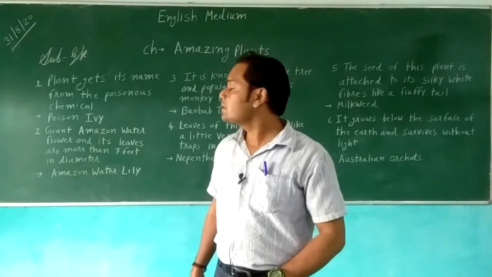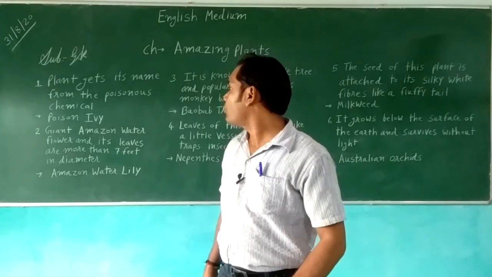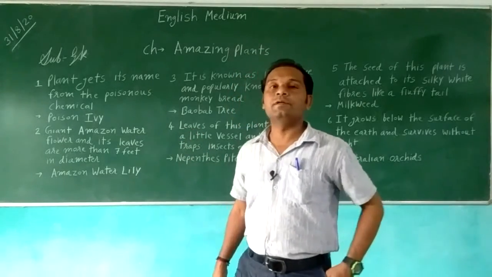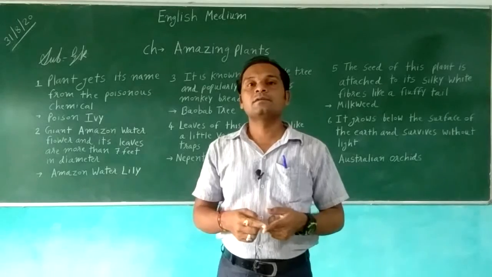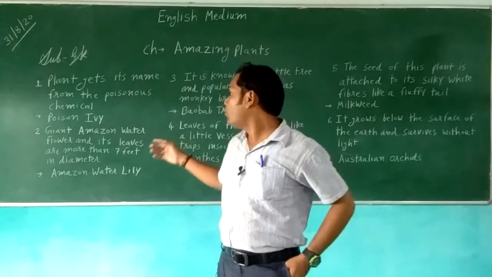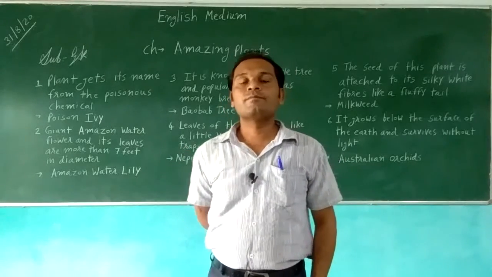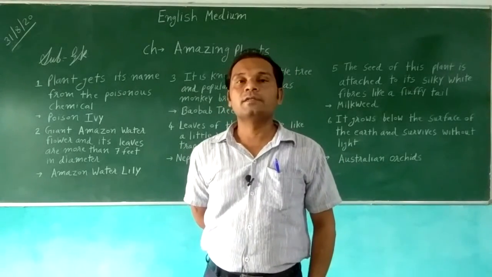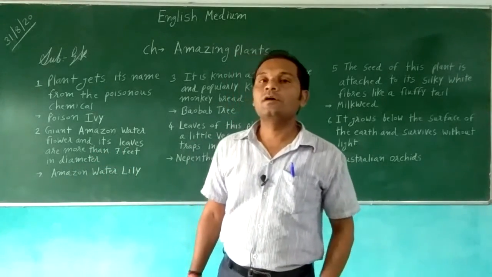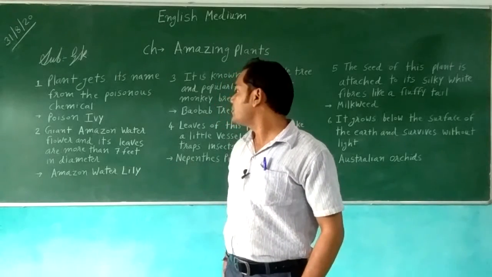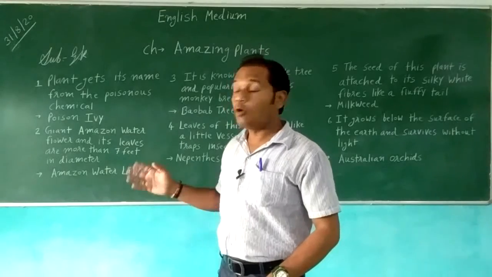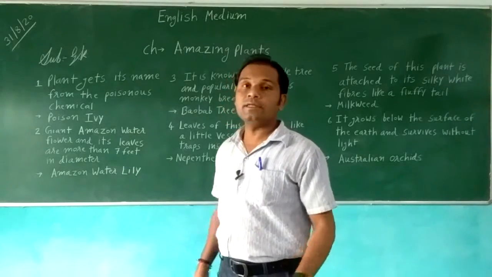One more plant is there, the giant Amazon wildflower, and its leaves are more than 7 feet in diameter.